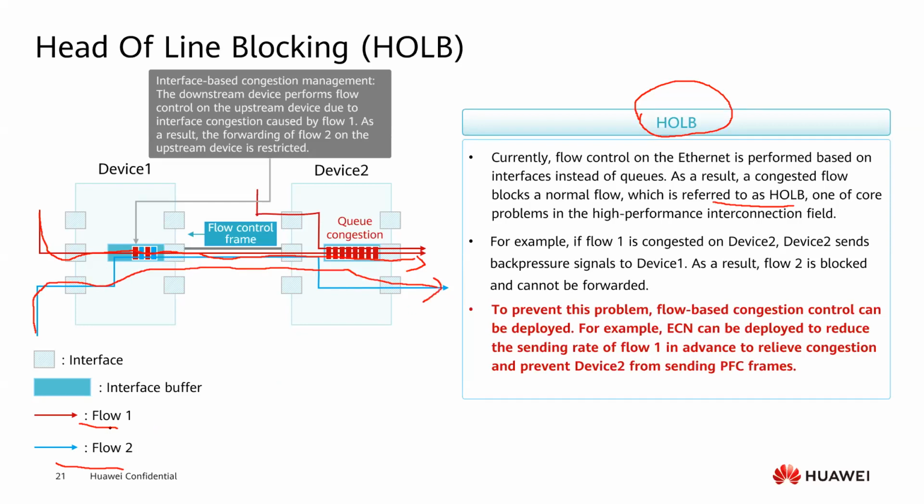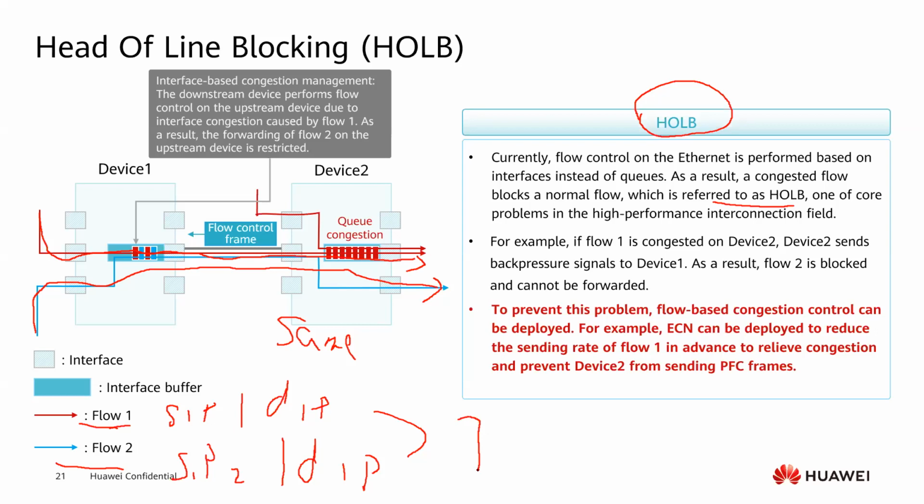Different flows have different five-tuples. For example, this is source IP 1 and destination IP 1. And flow 2 is source IP 2, another source IP and another destination IP. But they all have the same priority, for example, priority 7.